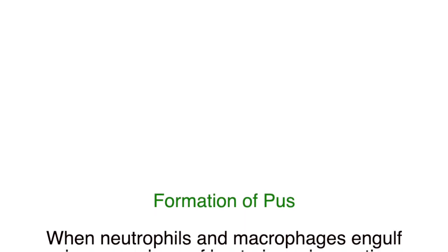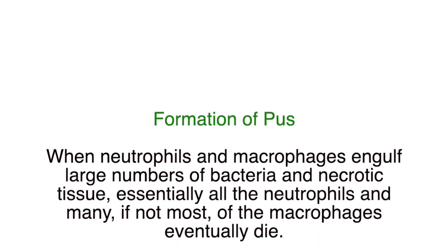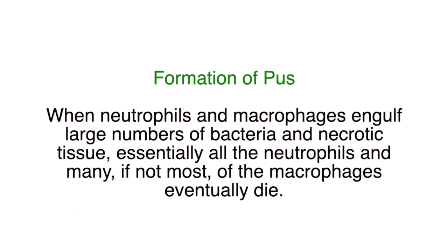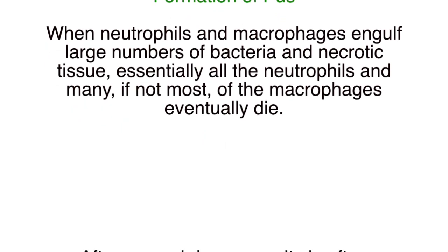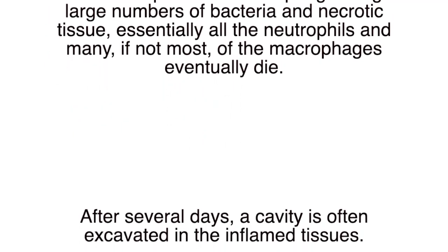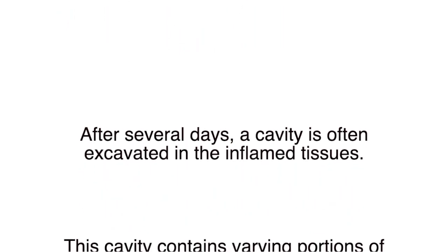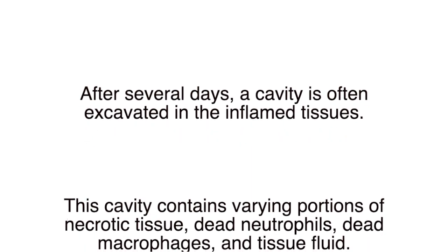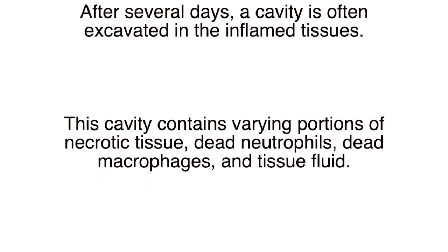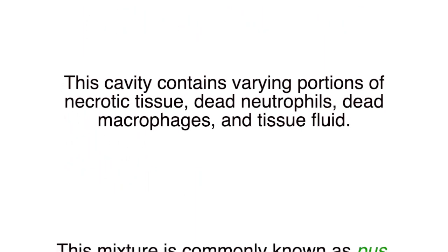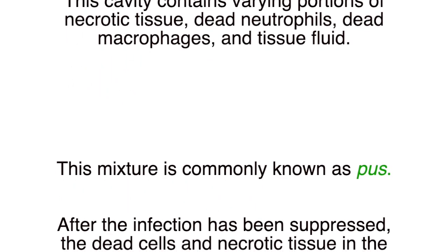Formation of pus. When neutrophils and macrophages engulf large numbers of bacteria and necrotic tissue, essentially all the neutrophils and many, if not most, of the macrophages eventually die. After several days, a cavity is often excavated in the inflamed tissues. This cavity contains varying portions of necrotic tissue, dead neutrophils, dead macrophages, and tissue fluid.